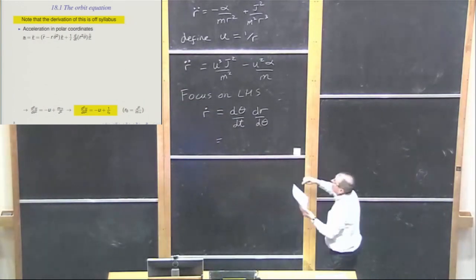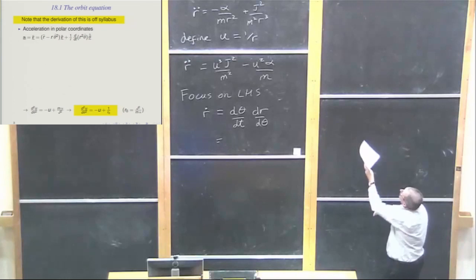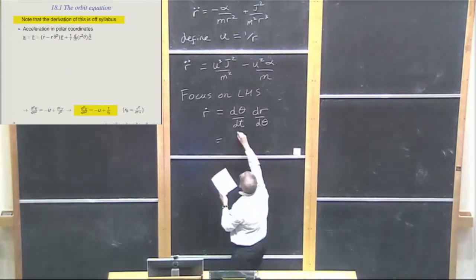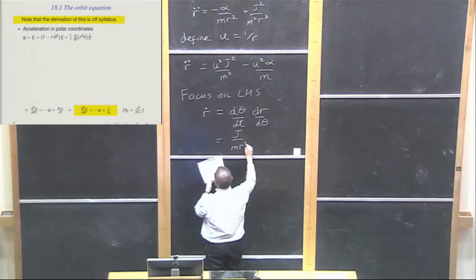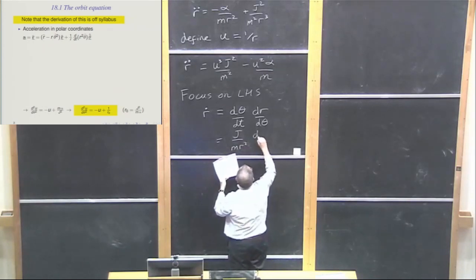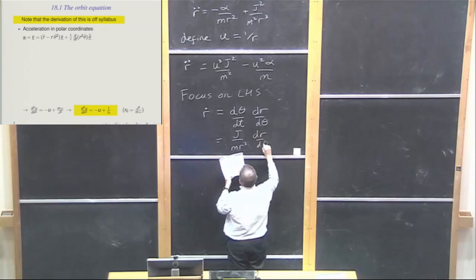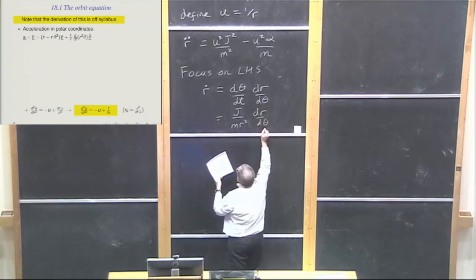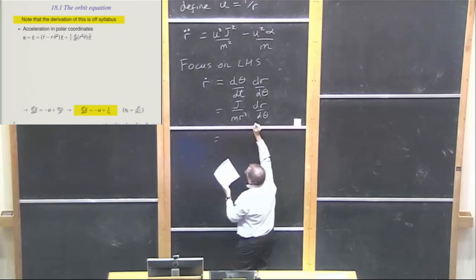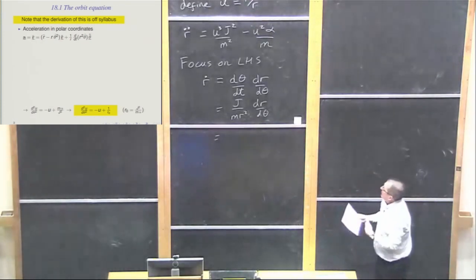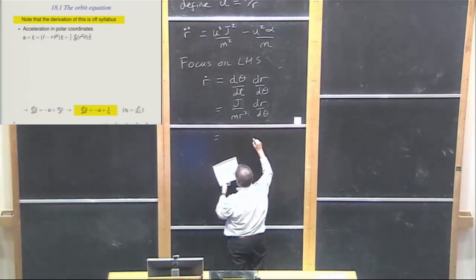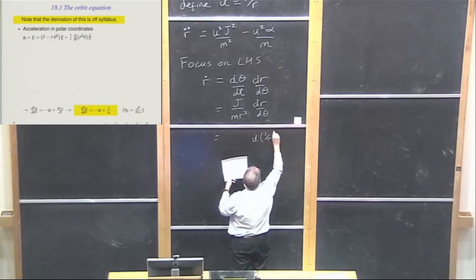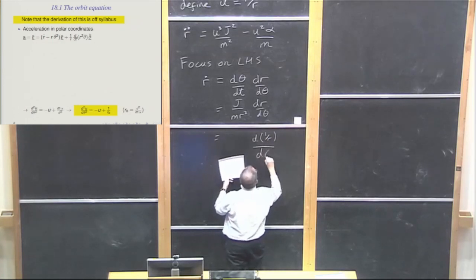Now d theta by dt, that's nothing more than theta dot, and so that is j over m r squared dr by d theta. Okay. Now, if we look at that and squint for a minute, we say, aha, what about if I write this as d of 1 over r d theta?